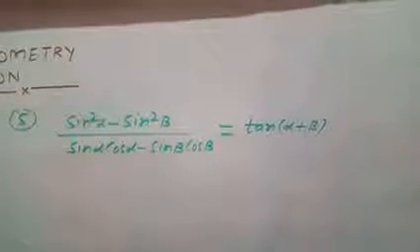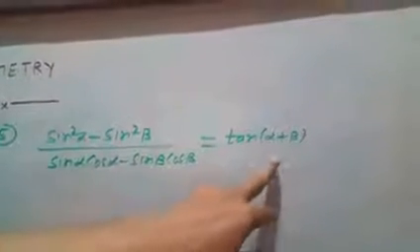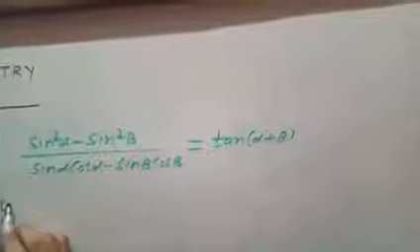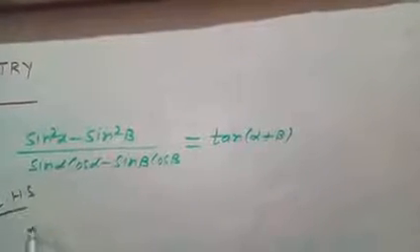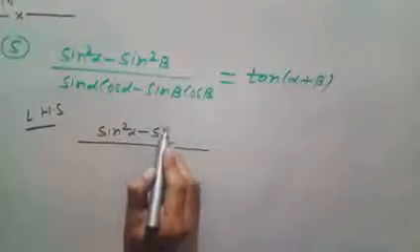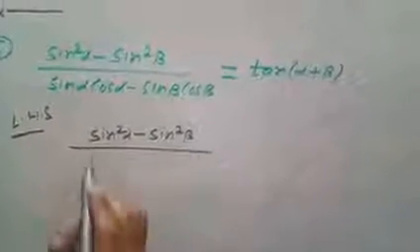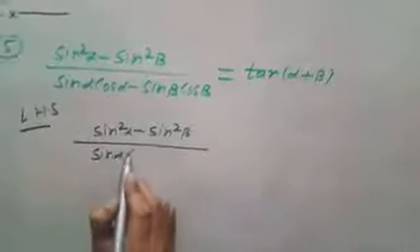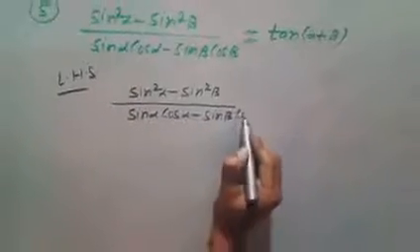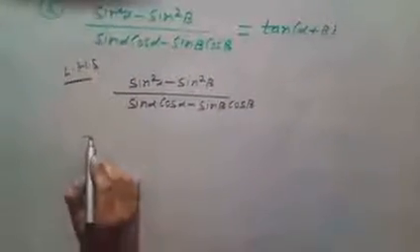Now if we see the fifth sum, in this one, sin square alpha minus sin square beta upon sin alpha cos alpha minus sin beta cos beta equals tan alpha plus beta, here we have to prove. So we will take the left hand side, and that is sin square alpha minus sin square beta, and here sin alpha cos alpha minus sin beta cos beta.